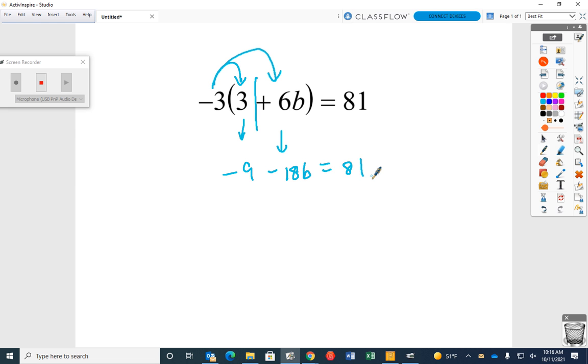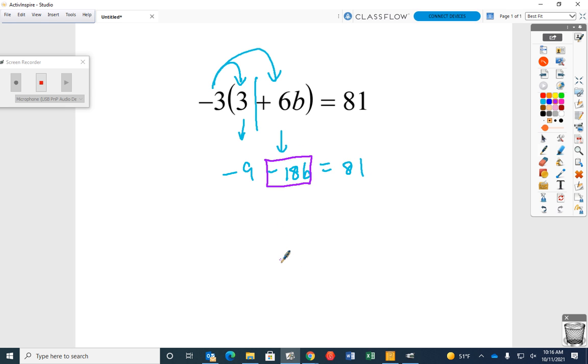Okay, so now I turned this into a what? What did we do last week? We did one-step and two-step equations. Is there anything that I can combine on either side of the equal sign? I can't combine -9 and -18b. Why? Because they're not like terms, right? Okay, so if we use the box method, we can put this -18b in the box.